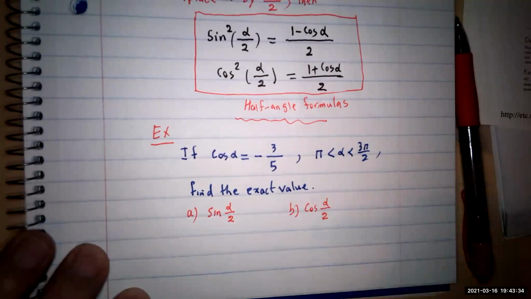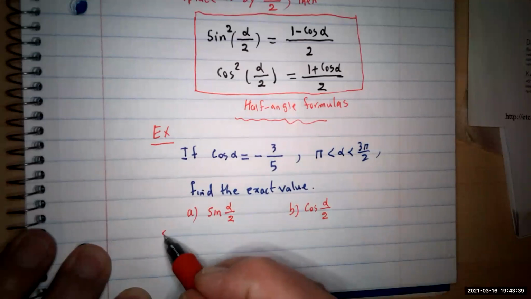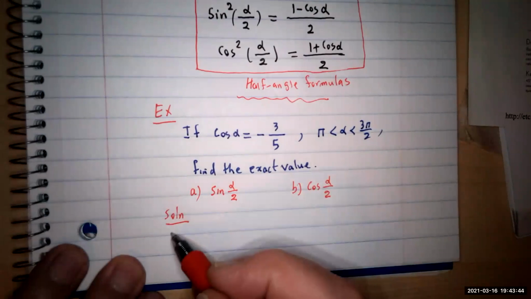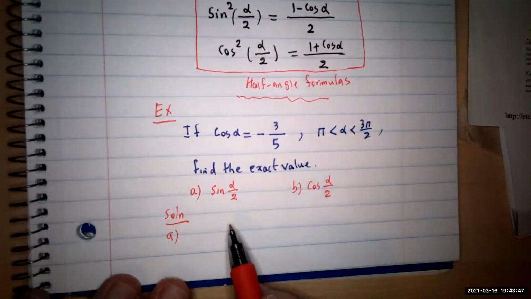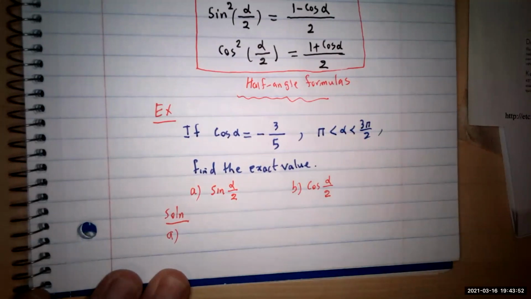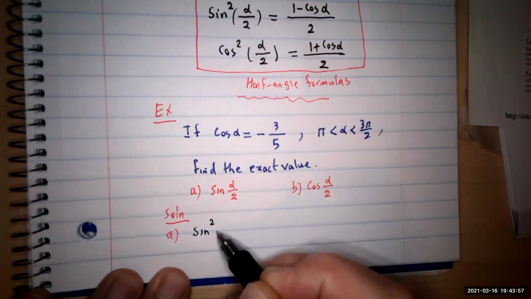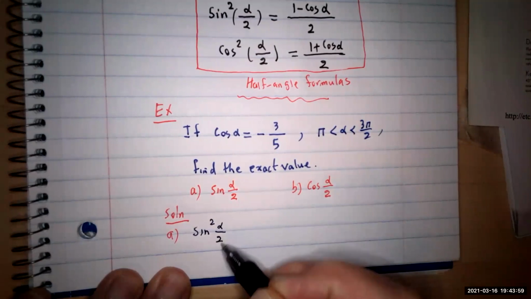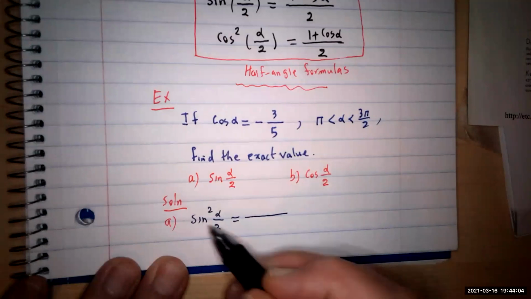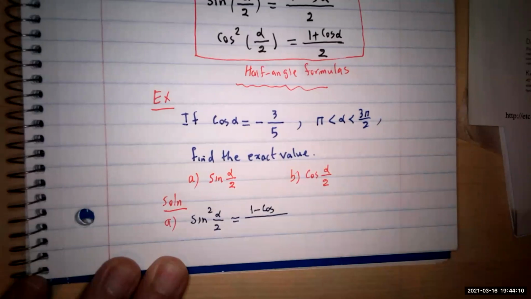Let's check the part one solution. In part one, we would like to find the sine. So we start with sine squared of alpha half, because our formula starts with sine squared. The double angle formula, since it's a sine, is 1 minus cosine of the double angle.